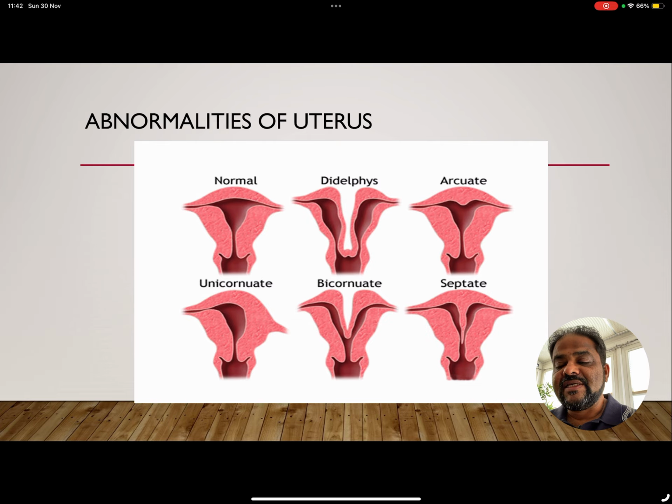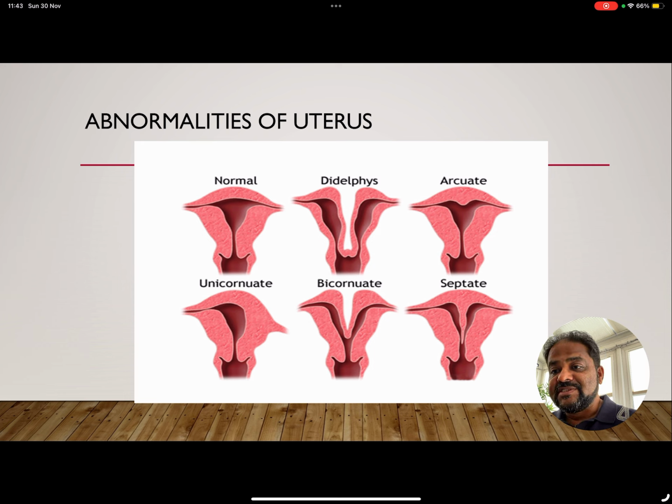As you can see, a normal uterine cavity is triangular because it grows with two tubes and the septum will get reabsorbed, so the resulting cavity will be a bit triangular. But sometimes these two tubes will develop completely separately, and that leads to uterine didelphys.